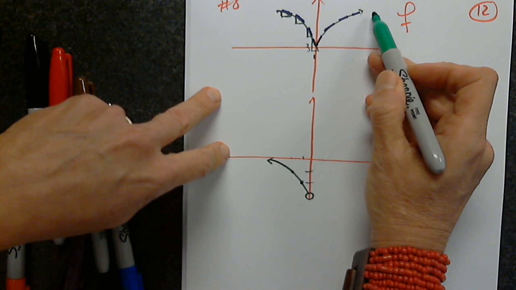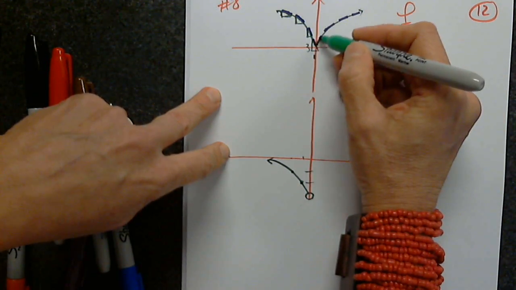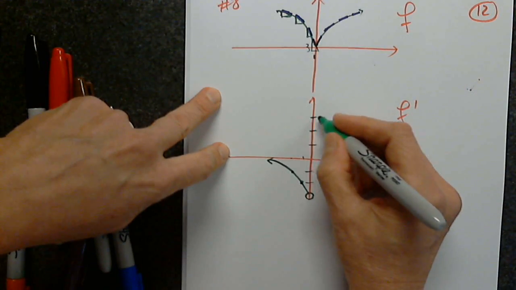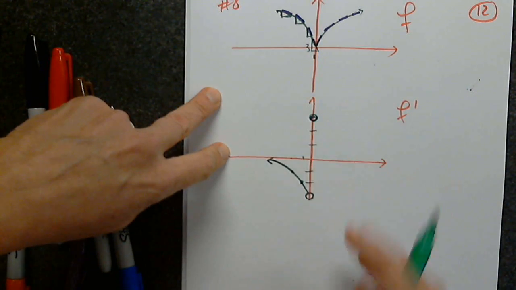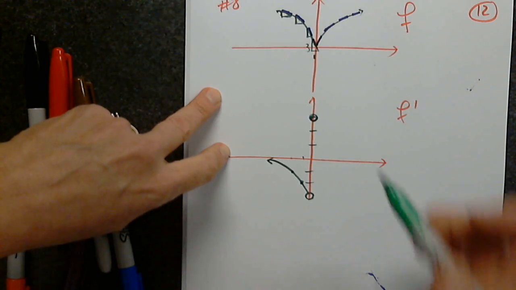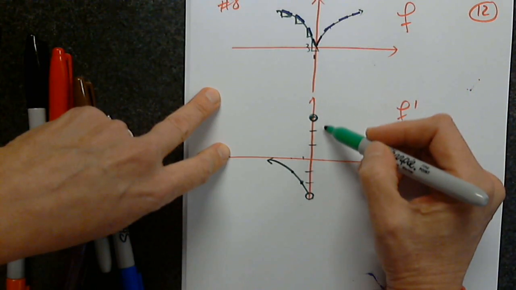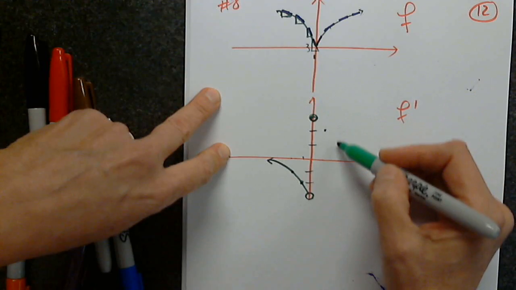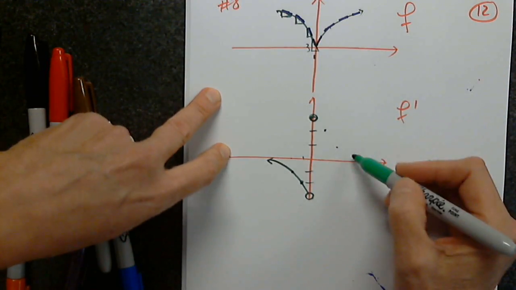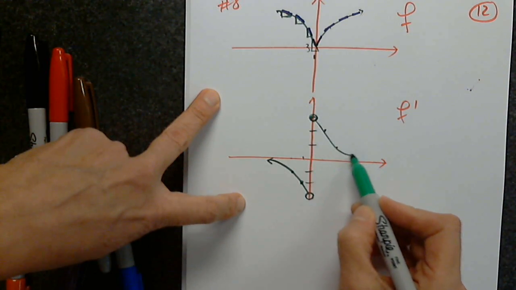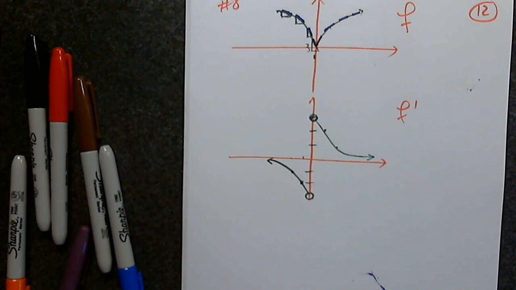On the other side, all of them are positive, and this is the biggest positive. I'm going to say it's positive 3 because it looks like it's symmetric. And then this one is a little bit smaller, and this one is a little bit smaller, and for this one it gets closer and closer to 0. So this is the graph of the derivative.